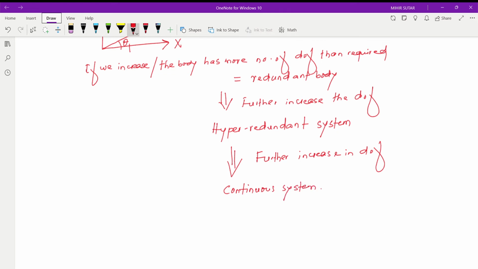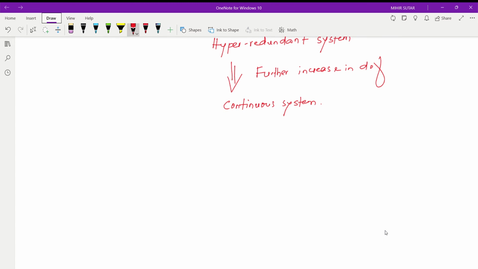For example, all of you might have seen an elephant trunk. It is somewhere like this, having a number of ring muscles.